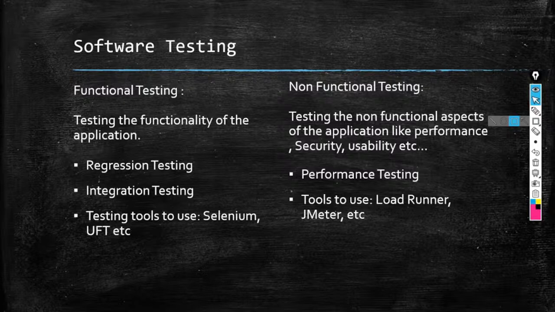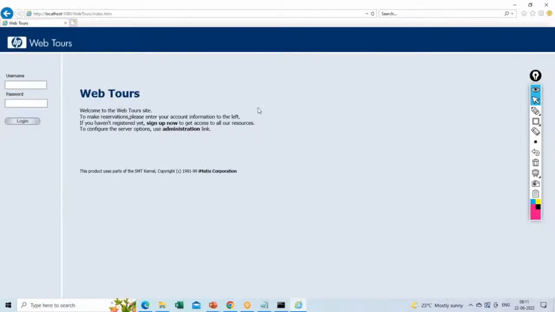So if I take an example of a particular application, let's say that this is a sample application. If I ask you to test the login functionality for this application, how do you test it?